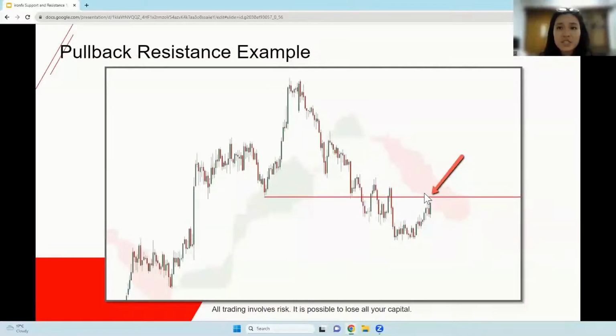And you can see that it actually did. Price has reached the pullback resistance level just as we expected. And once it reaches and reverses off of it, it will then be called an overlap resistance level, which is what I'm going to get into in a little bit.